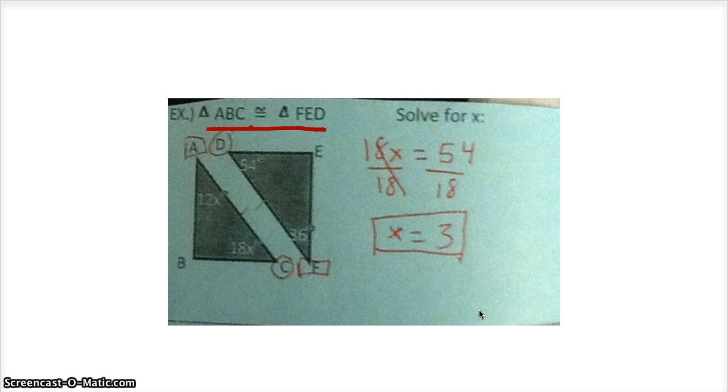Well, you don't even need that, you need the angle. So angle A goes with angle F. So 12x equals 36. Or you could have done angle C goes with angle D. So you could have done 18x equals 54. And divided by 18 on both sides, so x equaled 3.